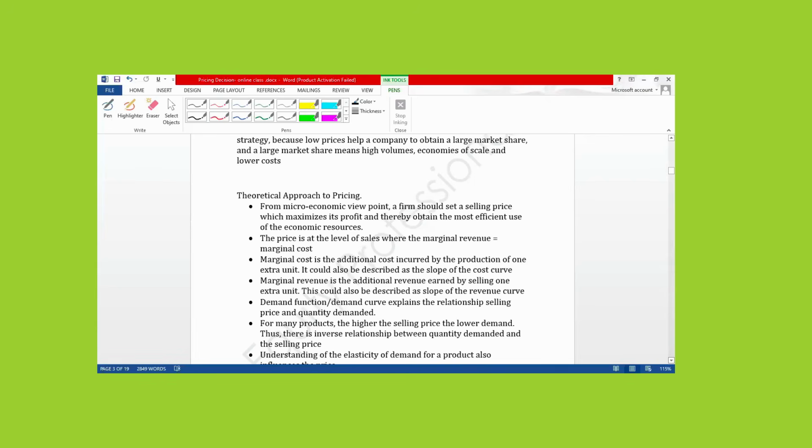So how can we calculate marginal cost? How can we calculate marginal revenue?